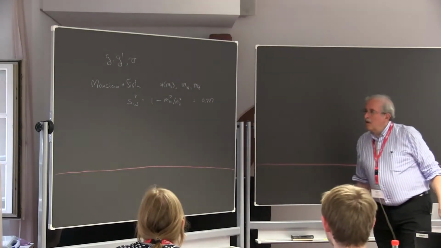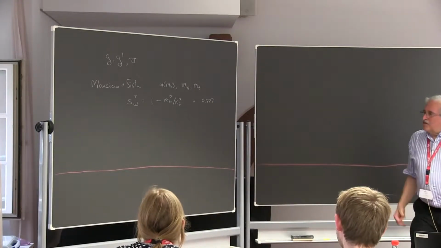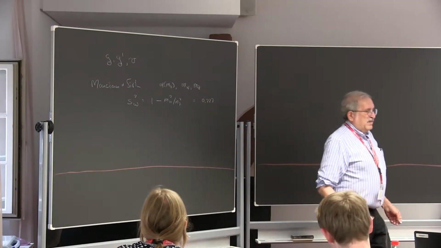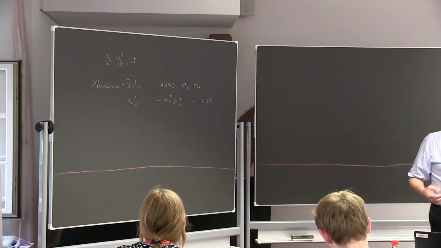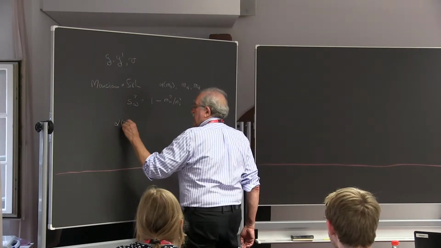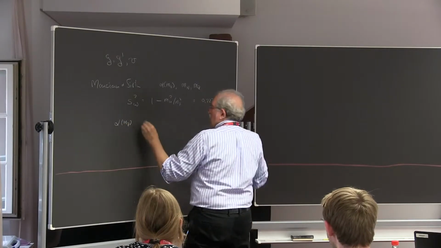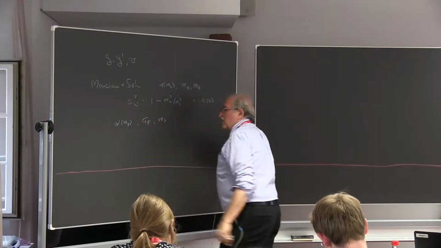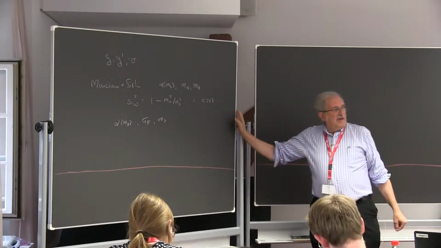Now, there's another way to do it, which seemed to be the right way to do it when the Z0 experiments started, which is to choose alpha of MZ, G Fermi, and MZ as the three basic parameters.